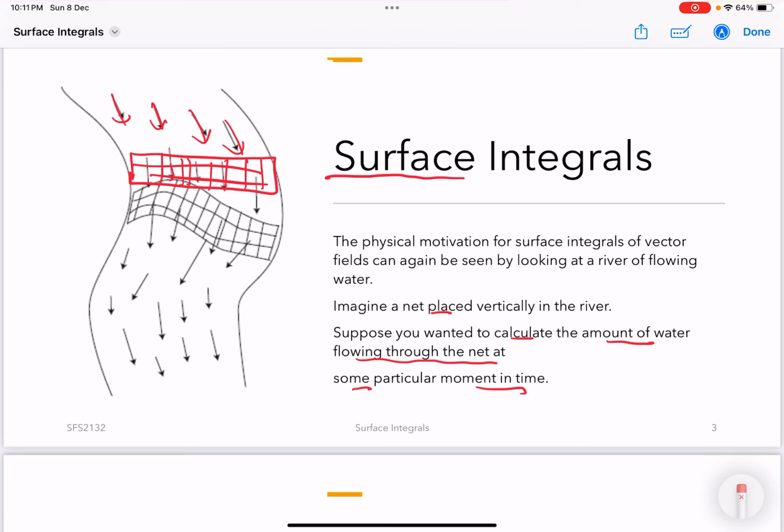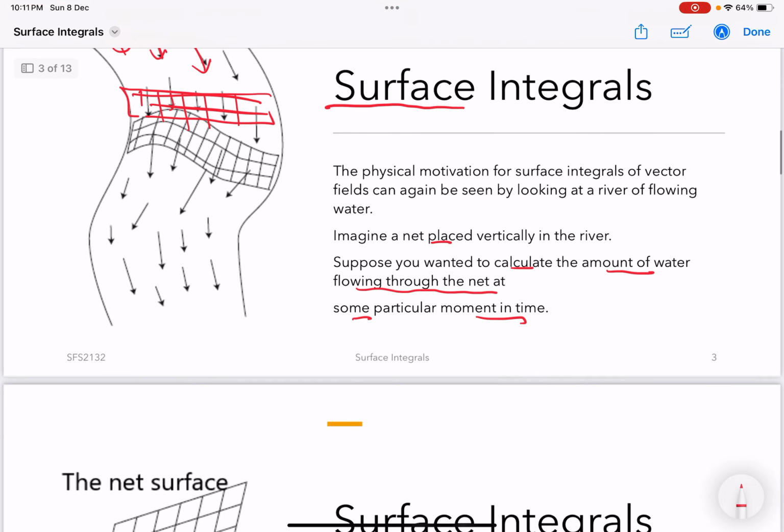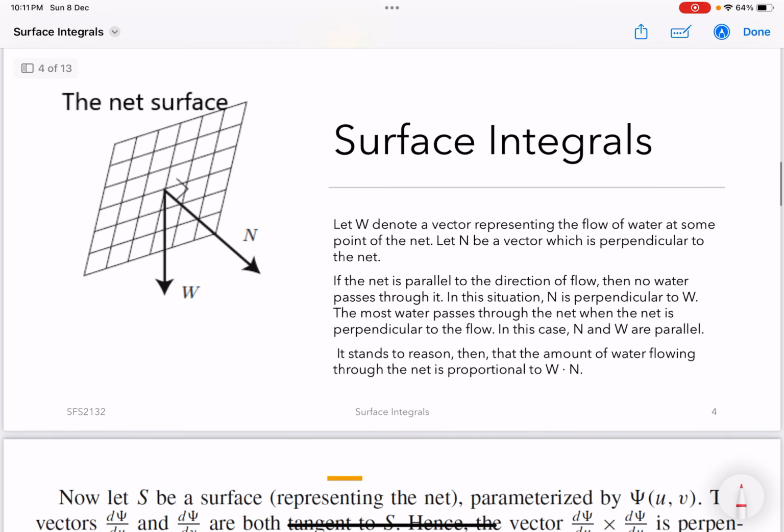But in mathematics, we can also determine the rate of water flow, or the amount of water flow, by using a surface and surface integration, and also the vector field that represents the water flowing. Let's say this is the surface. Denote that the vector W represents the flow of water.